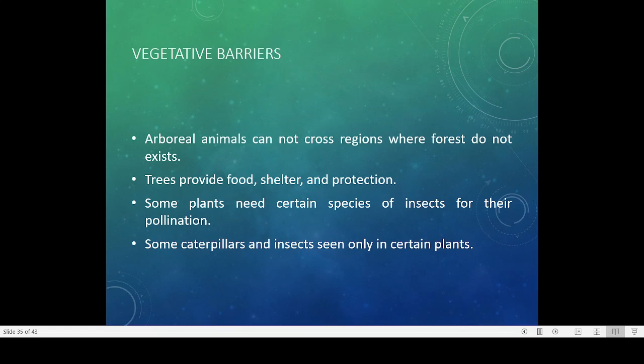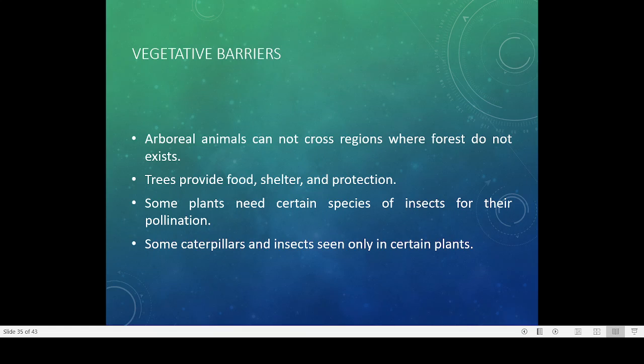So the absence of forest, the absence of trees, can act as a barrier for animals living in trees. In the case of arboreal animals, they depend on the trees for a number of factors. One is the presence of food, because monkeys eat the fruits present in the trees, and sometimes they depend on small insects and other animals present on the bark of the trees.